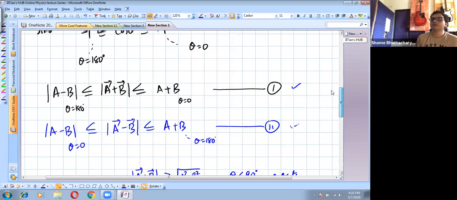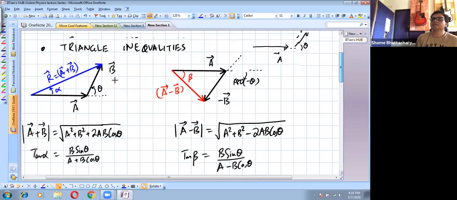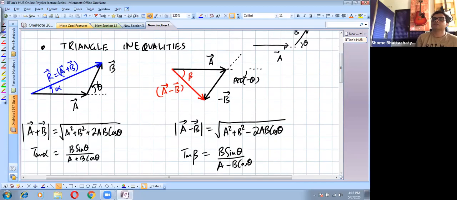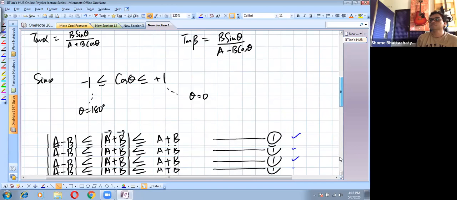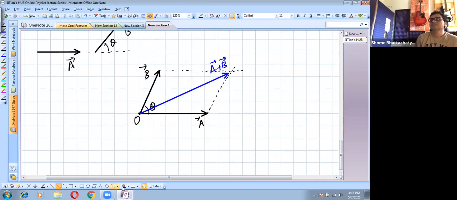The diagonal cuts the parallelogram in half into this triangle. So naturally, this is the resultant, and this angle is what we label as alpha.